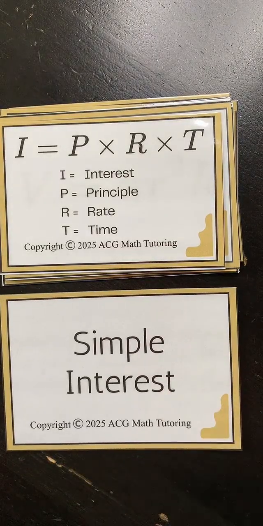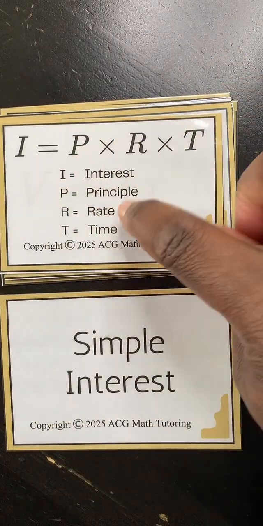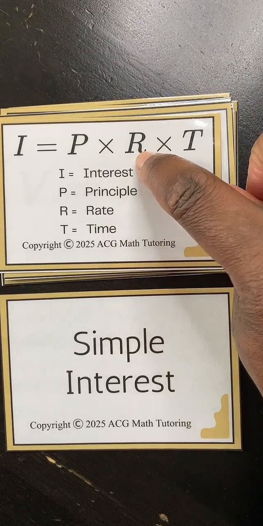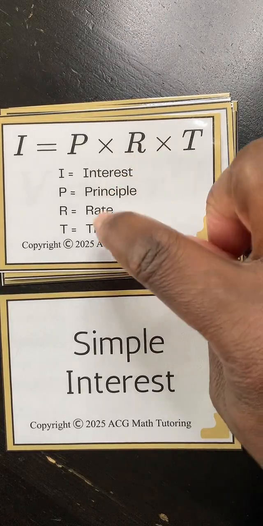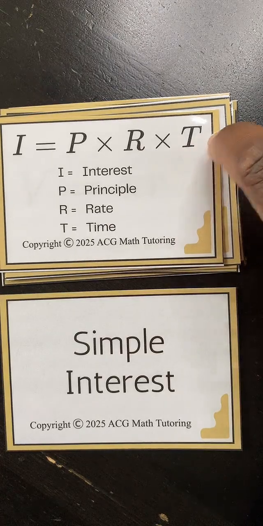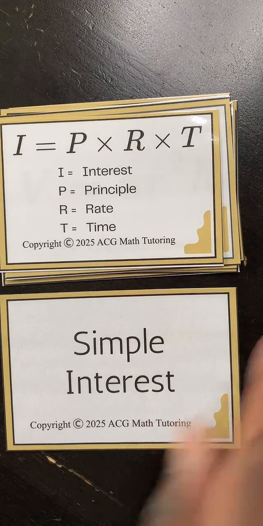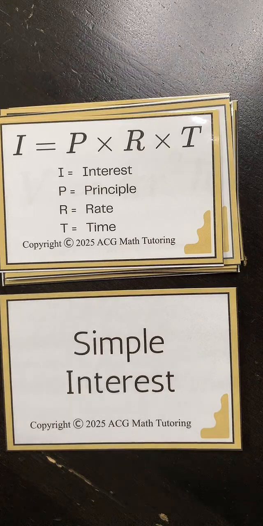It is simple interest. Okay. Where the I is your interest, the P is your principal times your rate. Remember that you have to change that rate to a decimal. And your time is always your time in years. So if they say 6 months, that means it's half a year. So that'll be your 0.5. Okay.